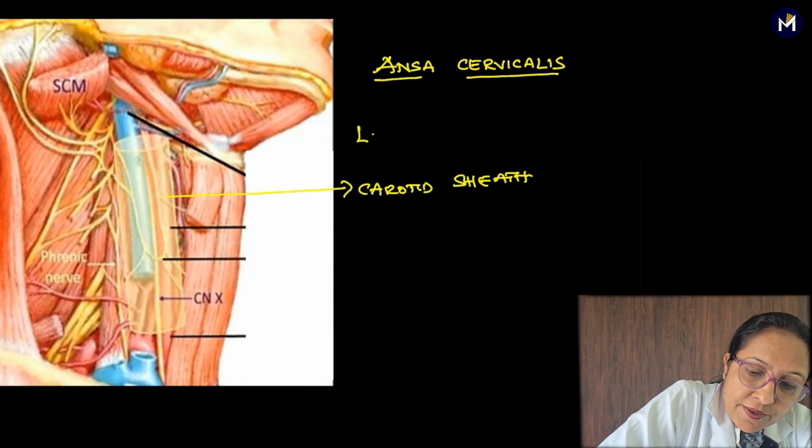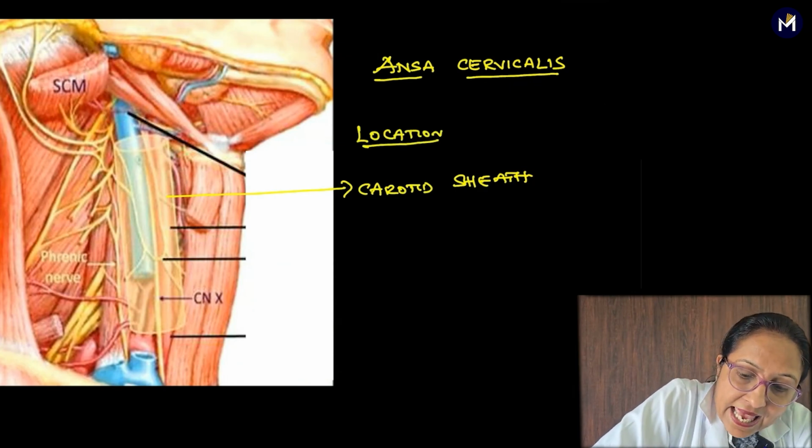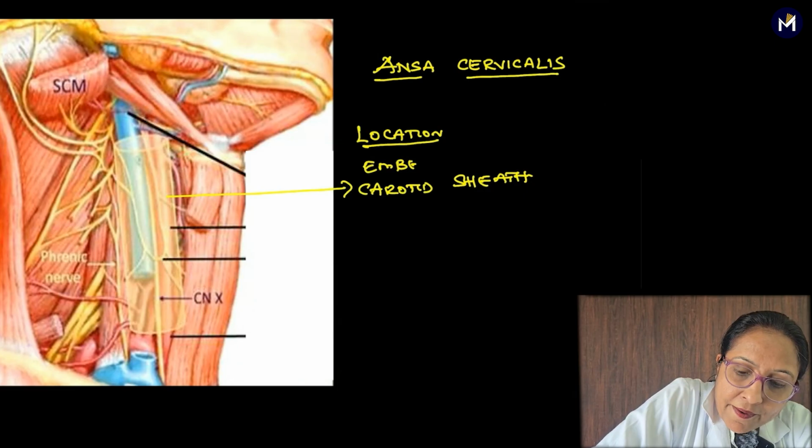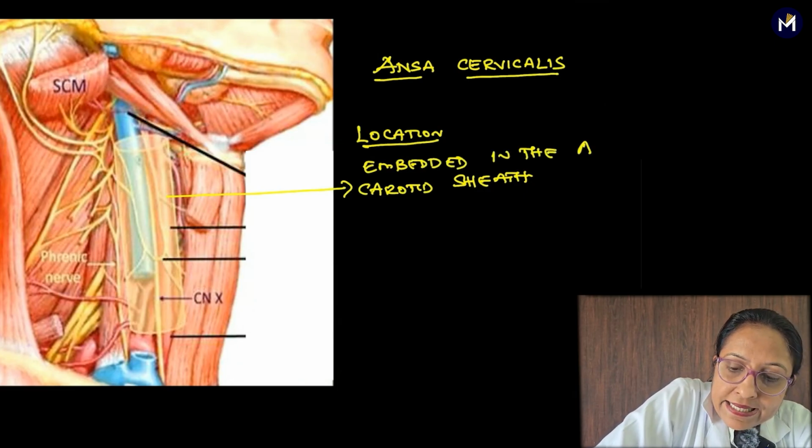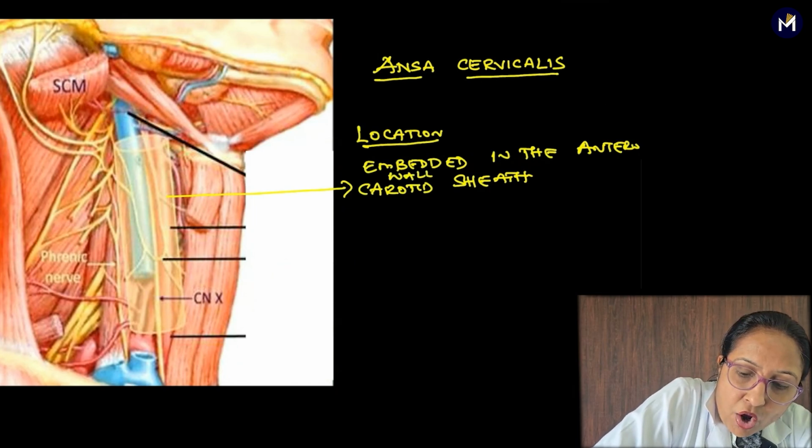So, location of Ansa cervicalis, it is embedded in the anterior wall of carotid sheath. Coming to the formation of Ansa cervicalis, it is formed by two roots.